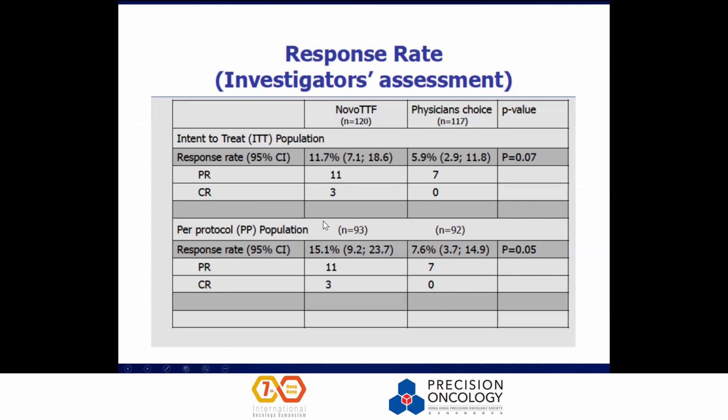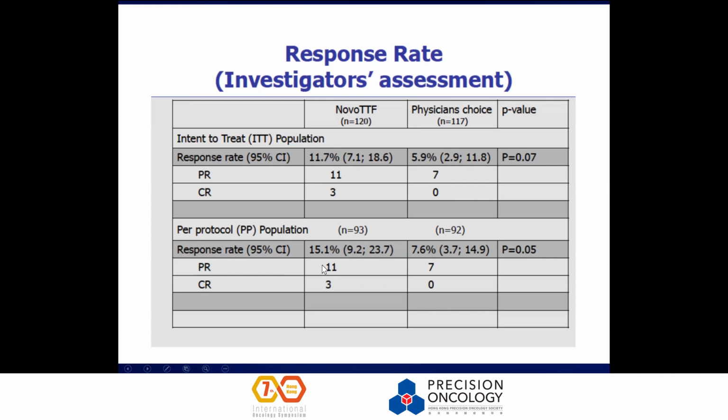If the trial excluded patients who did not follow the protocol, meaning they had to be treated with at least 1 month of TTF as required, we call it the per protocol population. In that case, the response is still similar: PR 11, CR 3 versus 7 and 0 respectively.